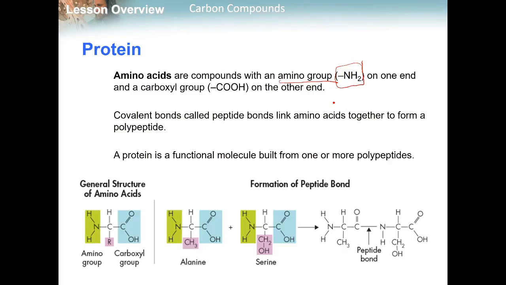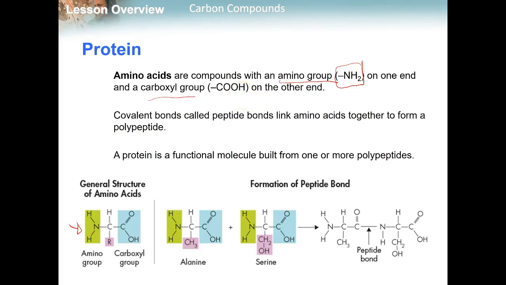So whenever we see a chemical structure that has one N and two H's, like we're seeing here, that's an amino group, and that tends to make you think that, oh, this is going to be an amino acid. There's also something called a carboxyl group, COOH, that's at the other end.